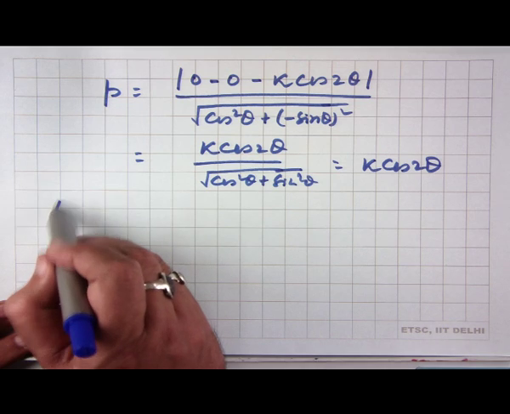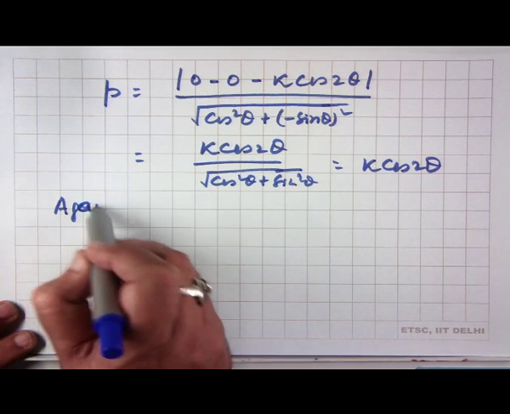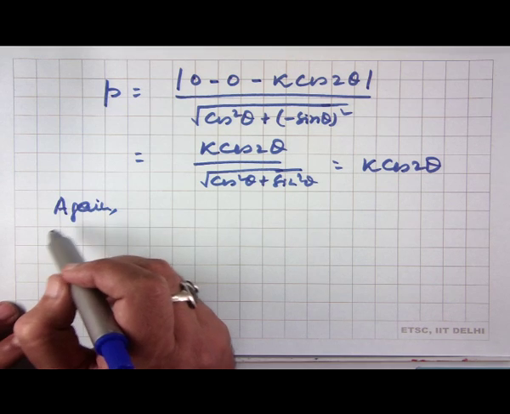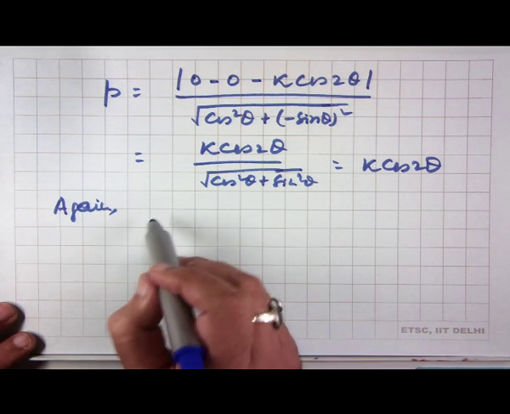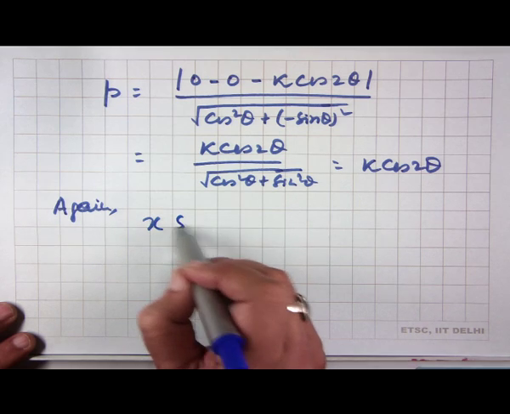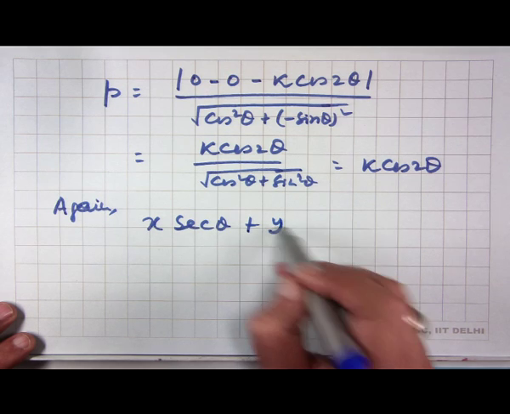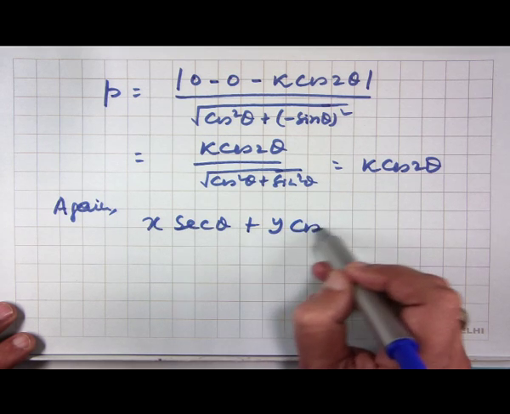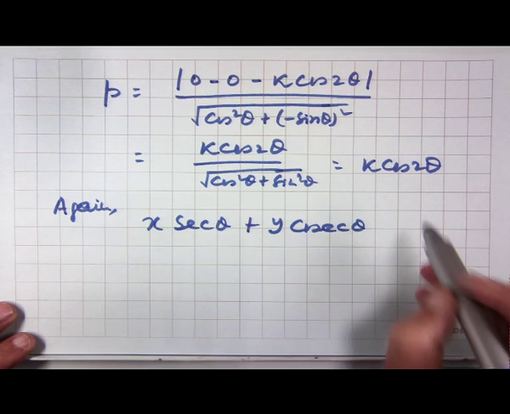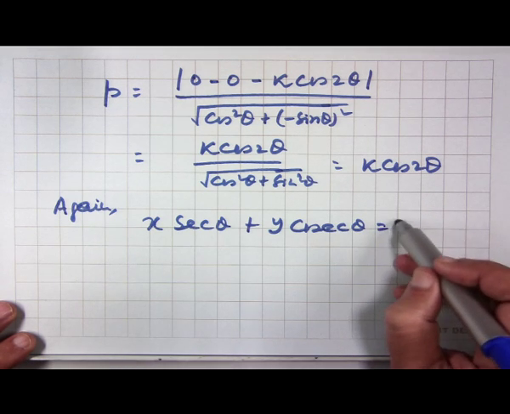Again, another equation of line is given: x sec theta plus y cosec theta equal to k.